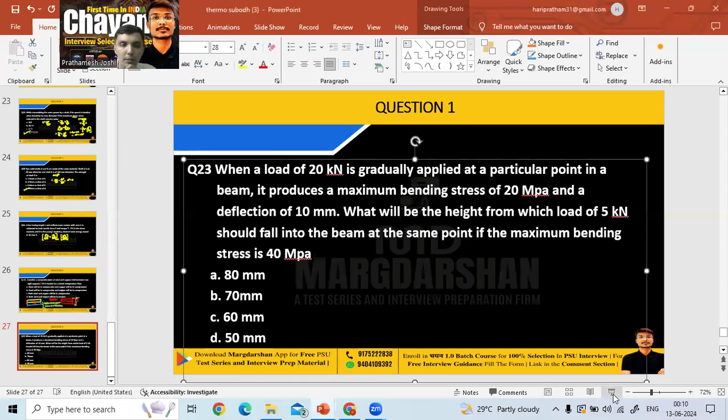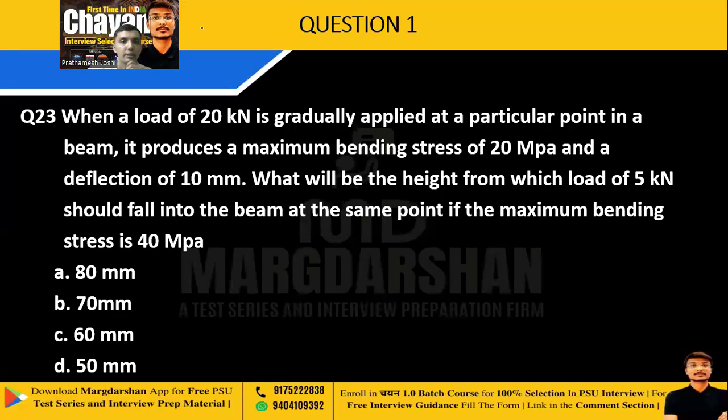Okay, so let us now solve the 23rd question, the last question of this session. When a load of 20 kilonewton is gradually applied at a particular point in the beam, let us consider this is a cantilever. This is not mentioned over there. Consider a gradually applied load of 20 kilonewton. Maximum stress of 20 MPa, and a deflection of 10 mm.